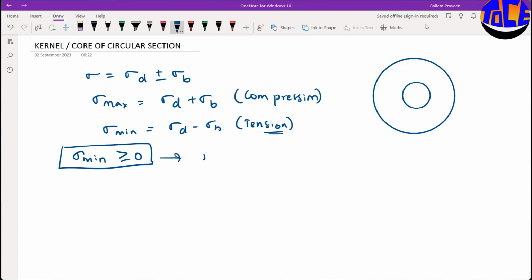So we know sigma minimum is equal to sigma d minus sigma b, and it should be greater than or equal to zero.